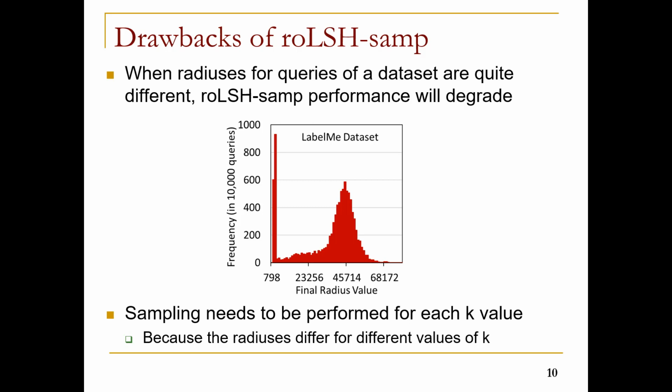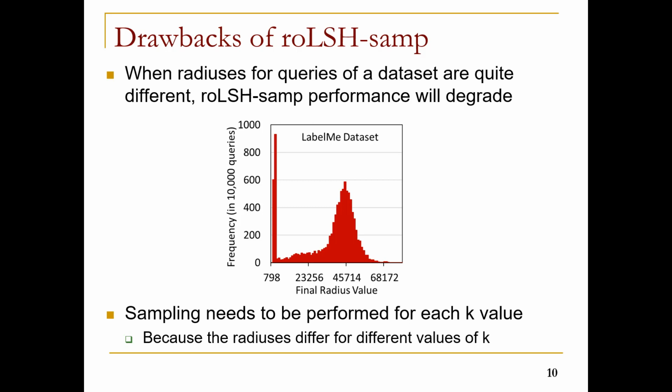roLSH-samp can effectively reduce random IOs, especially when the radiuses are large. Moreover, roLSH-samp can use a small sampling size in order to output a good estimation of radiuses. While roLSH-samp shows improvement over existing state-of-the-art techniques, as we will show in the experiments, we also noticed two main drawbacks in roLSH-samp.